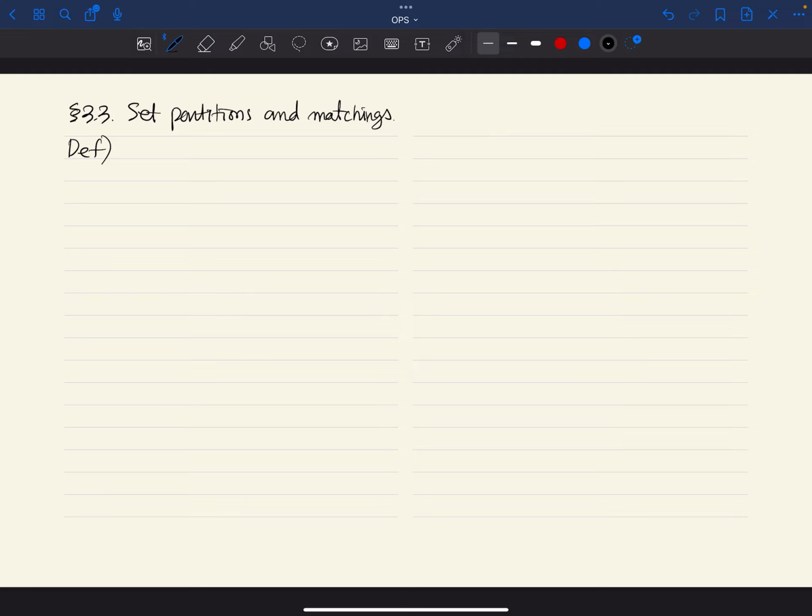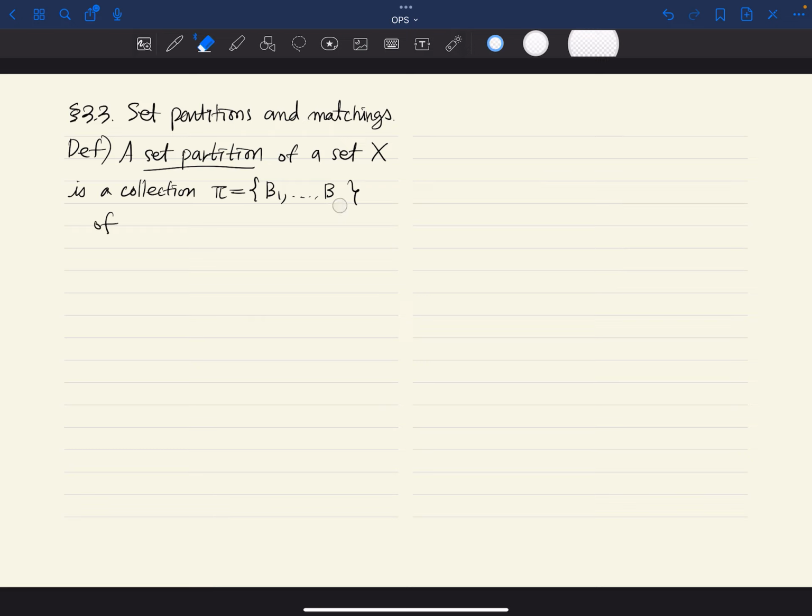The definition: a set partition, or sometimes we just say partition, of a set X is a collection pi, which I write like b1 dot dot dot bk, a collection of subsets of X. So each bi is a subset of X, satisfying the following conditions.